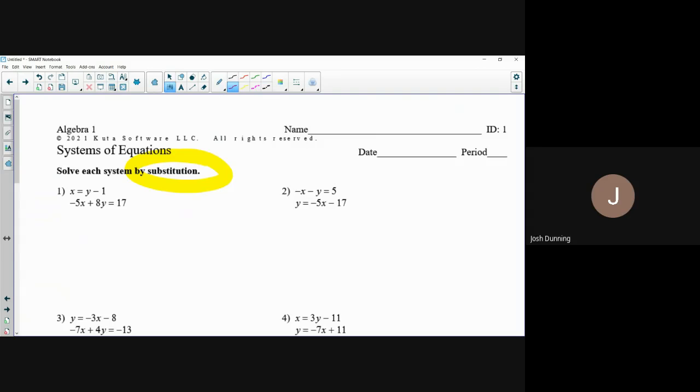Now, the way this works is it's substitution when you have a variable solved for. What I mean by solved for is it says like x equals. Number 2, the bottom equation says y equals. If there are other letters, you might see G equals or H equals, meaning it's alone on its side of the equal sign.